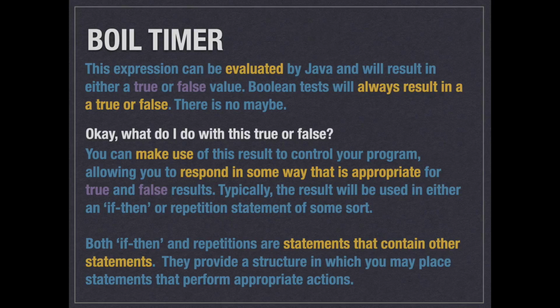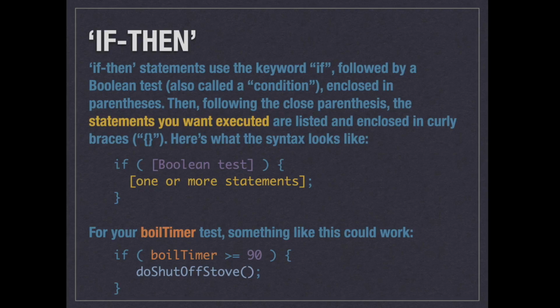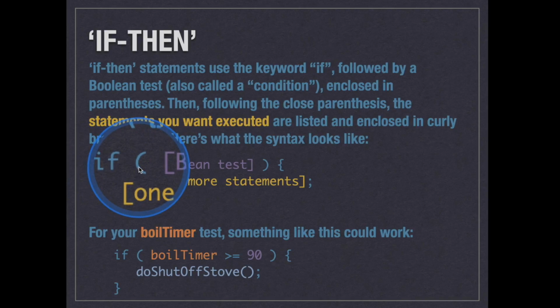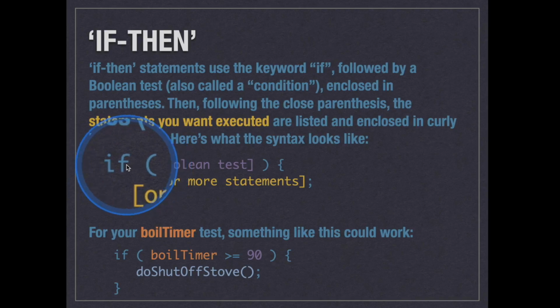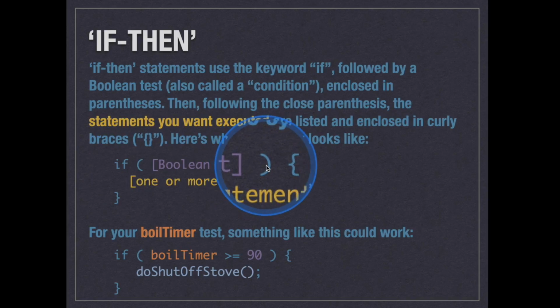So we do it two ways. One with something like an if-then statement, which is common to all programming languages. The syntax is a little different maybe in Java. The syntax requires the keyword if, lowercase i, it can't be uppercase. You have to have parentheses: after the if, there's an open parenthesis, and at the end there's a closed parenthesis.